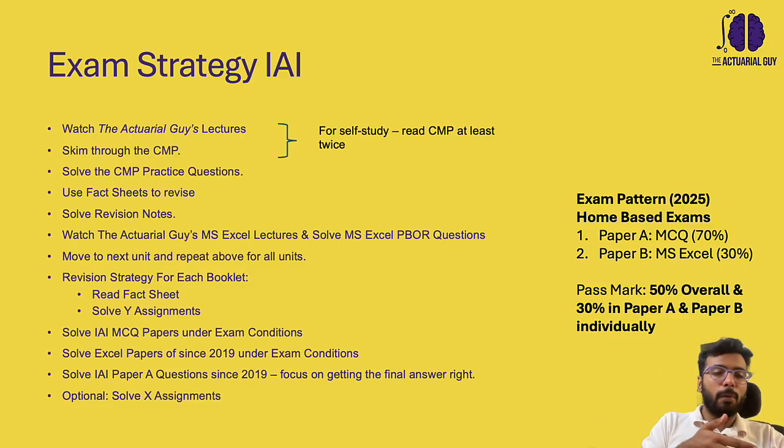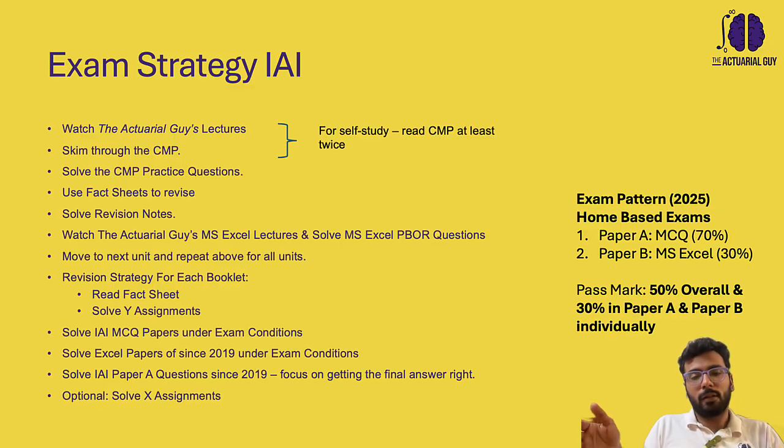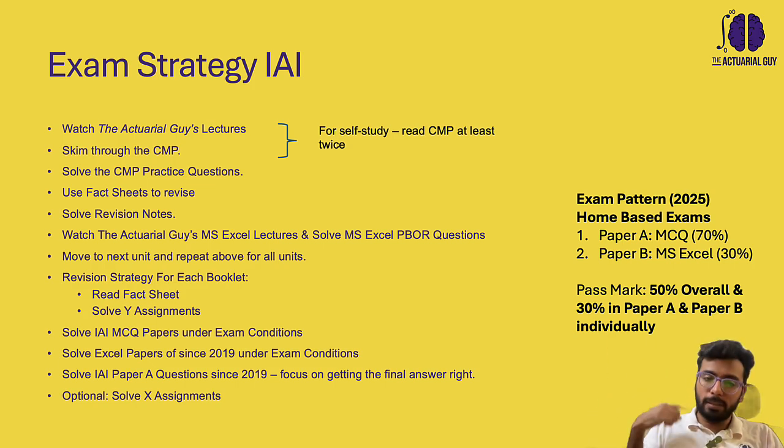And older papers, after 2019, whatever papers have occurred, you should solve as well, but your focus should be to get the final answer correct, not on methodology, because it's an MCQ exam now. We don't have enough papers for IA, but it will help you as long as you get the final answer, and IA past papers will help you improve your first principles understanding of the subject as well.